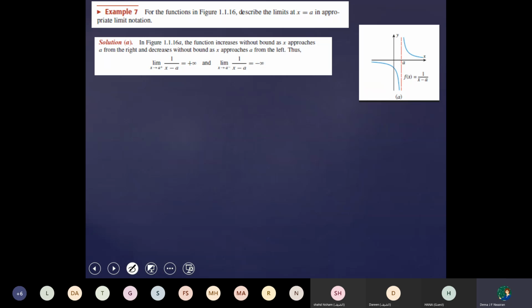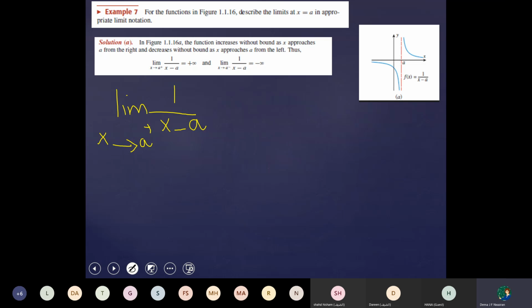Now, look at this example here in the book. In this function, I want to find the limit of 1 over x minus a when x approaches a from the right. Where is a? Here is a. Look here now, the vertical asymptote is not the x-axis or the y-axis as we saw before.